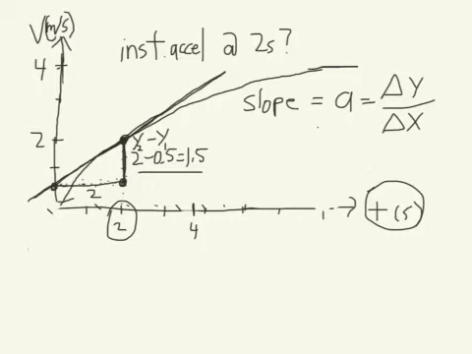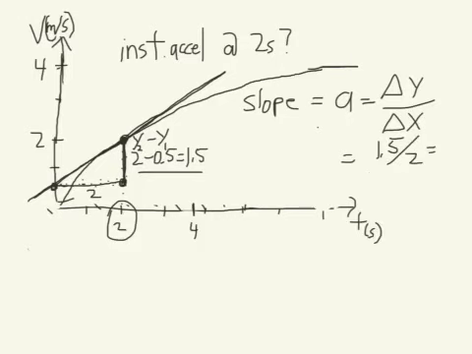So our slope is that change in y, which we just saw is 1.5, over the change in x, which is 2. So the acceleration at time 2 equals 1.5 over 2, which is 0.75. And since we've been consistently using SI units, it's safe to assume that our answer is also in SI units. So it's meters per second squared.